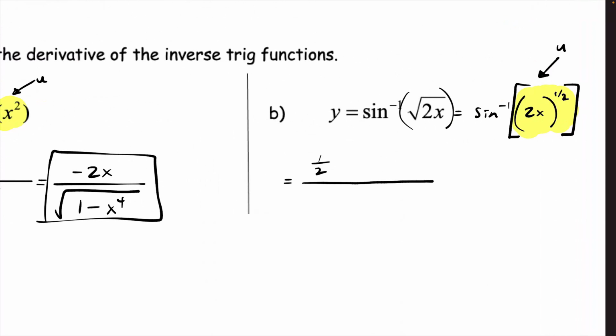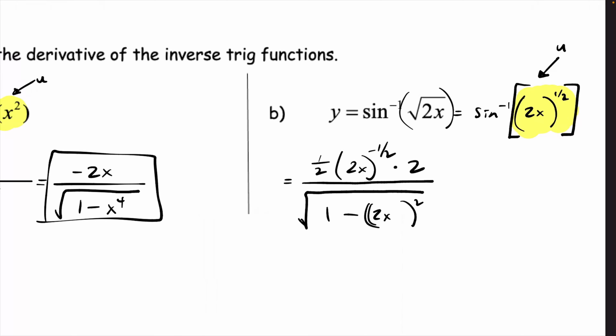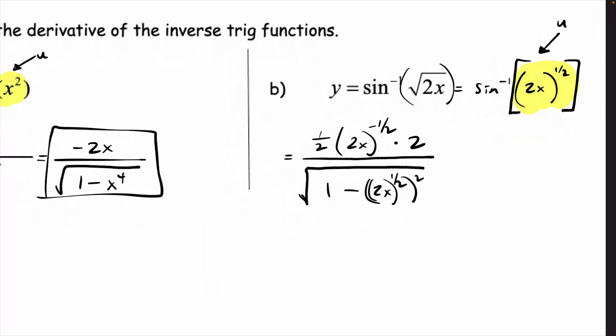So we have 1/2 times 2x to the negative 1/2 times the derivative of the inside, which is 2. The bottom is 1 minus u squared, and again, u is 2x to the 1/2 power.